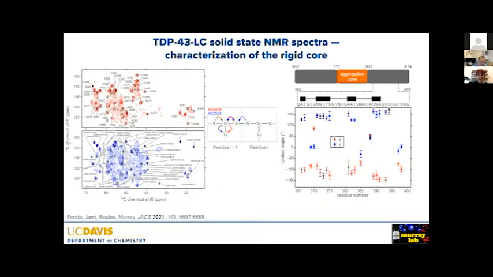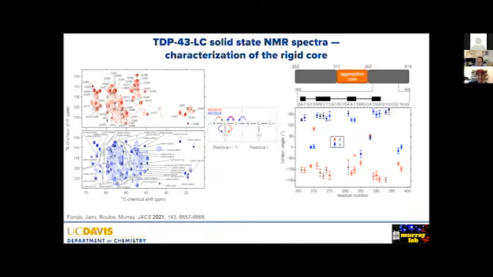I have some spectra here on the left that show that we were able to assign many of these residues. Interestingly, all of these signals were assigned to a region between residues 365 to 400 of the C-terminal end of the low complexity domain, which is firmly outside the aggregation core that's previously been the focus of so much attention.